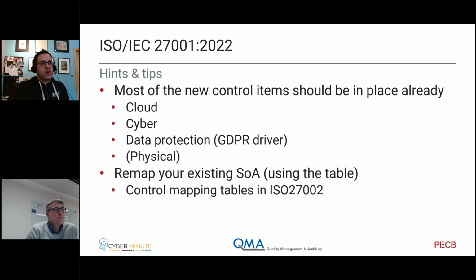So there's a huge driver, not only from GDPR, but internationally, lots of privacy and data protection legislation will require you to do so. I've put the physical in brackets because it was there. The A11 from the old standard was there. You need to provide some physical protection, although physical monitoring is quite new in the standard.